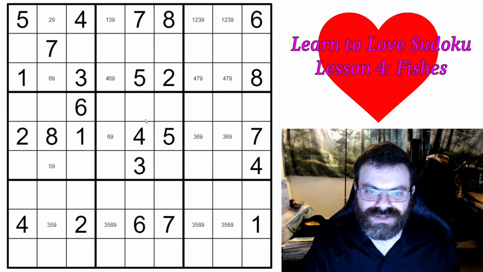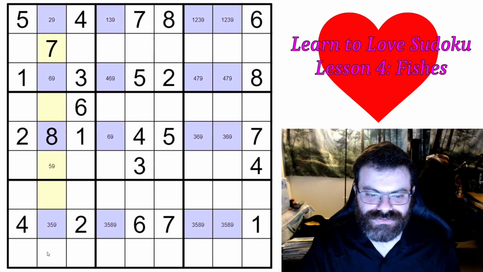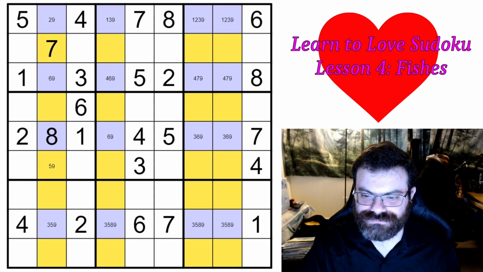So here, I've made it obvious in my examples, but I'm just going to highlight these cells here. And I will highlight those blue again. And now I will highlight the rest of the columns in orange.